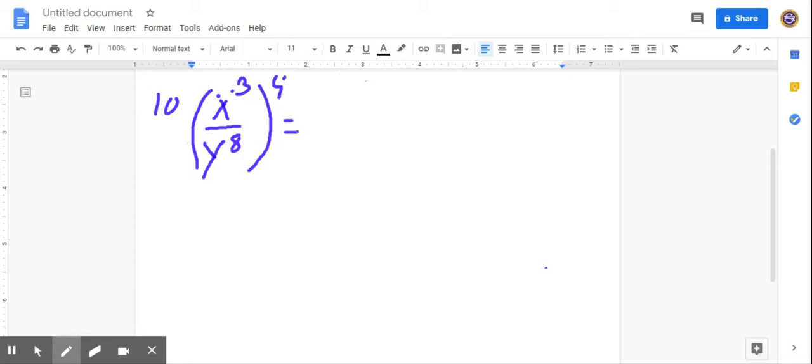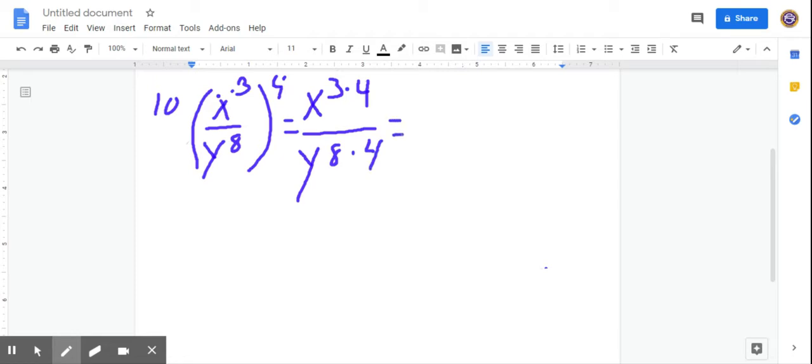You have exponents inside, you have an exponent outside. So you keep the base, which is x, and you multiply the exponents 3 times 4. You keep the base, which is y, and you multiply the exponents, which would be 8 times 4.